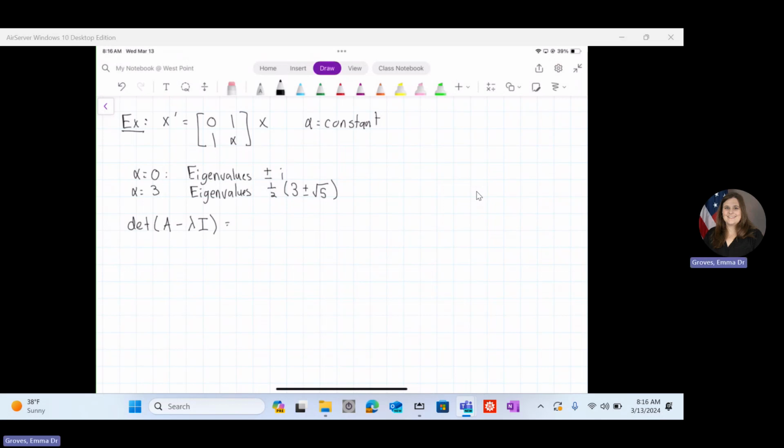So in this case, we have the determinant of negative lambda... Ooh. The upper right-hand entry should have been a -1 on that matrix. So we have negative lambda, -1, 1, and then alpha minus lambda.